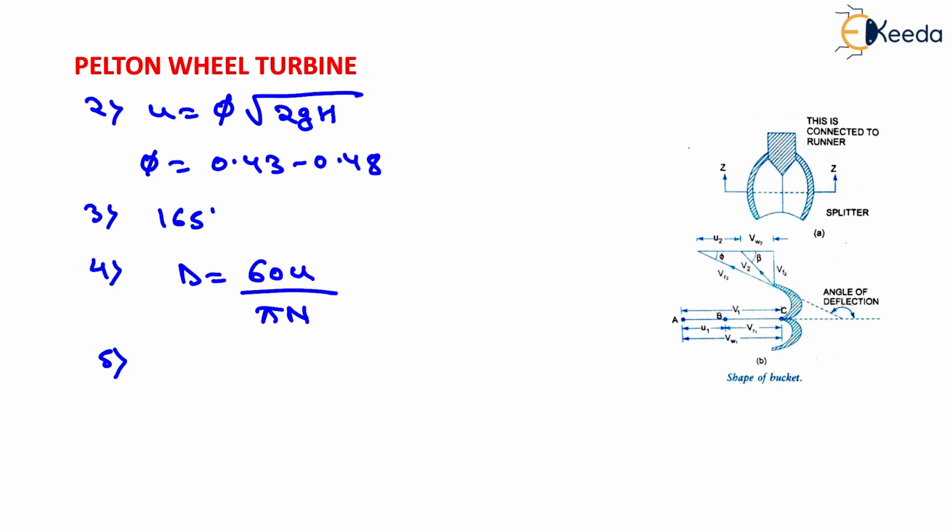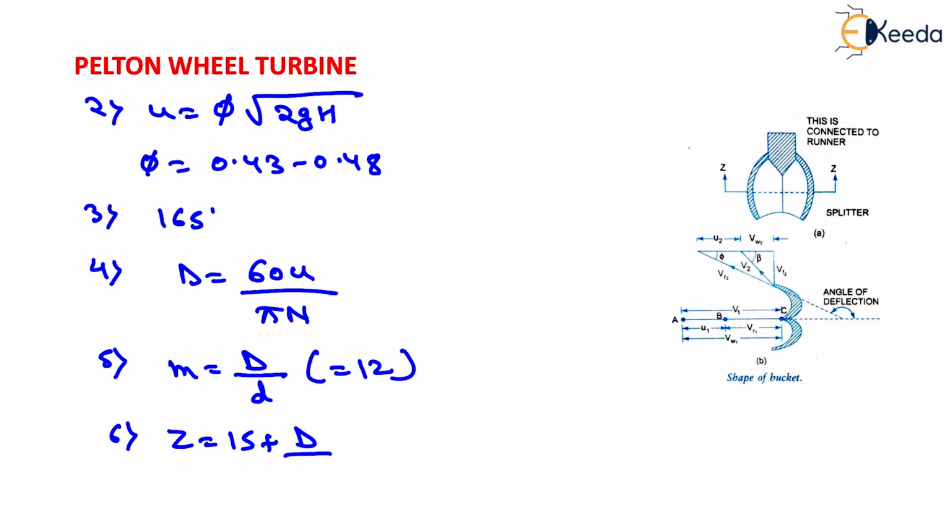It is defined as the ratio of the pitch diameter of the Pelton wheel to the diameter of the jet, that is m equals capital D by small d, which will be equal to 12 for most cases. The next one is the number of buckets on a runner, given by Z equals 15 plus D upon 2d, which is equal to 15 plus 0.5m.